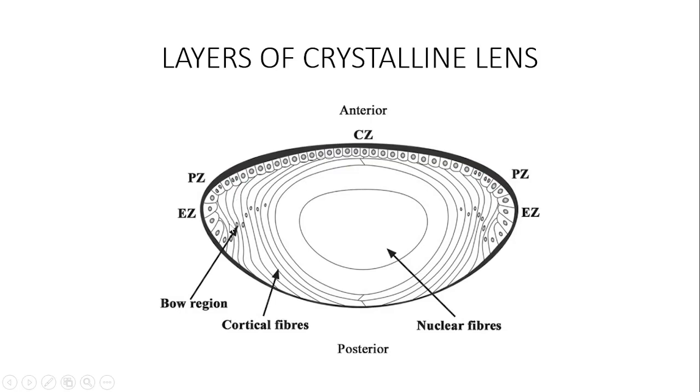Then you have the cortex. This is the cortical area of the crystalline lens. Then from there you have the nucleus of the crystalline lens. Is that clear? So that is it.